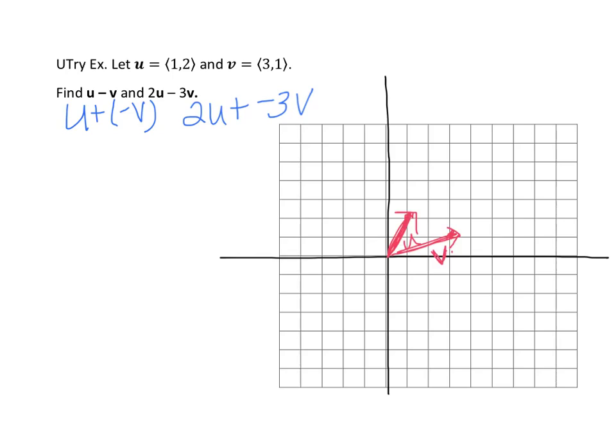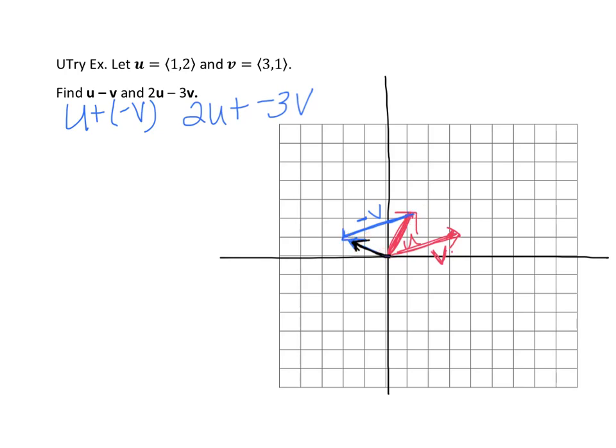Okay, there are my two vectors. Now I'm going to take u and add on negative v. Okay, so v is on there. v is exact same slope, exact same length, just a different direction. I add them together. Remember, we always add them head to tail.